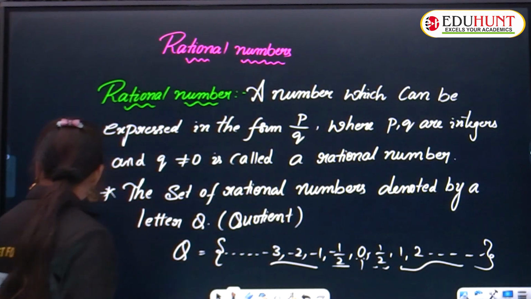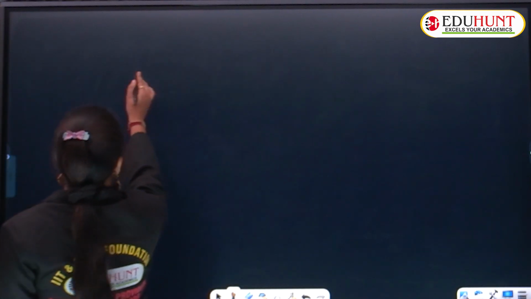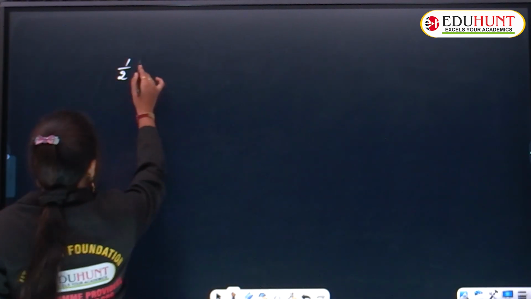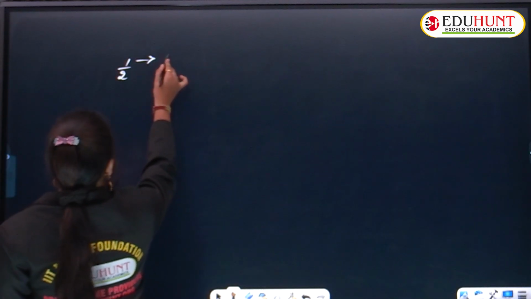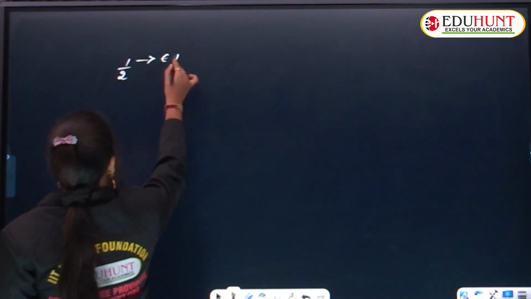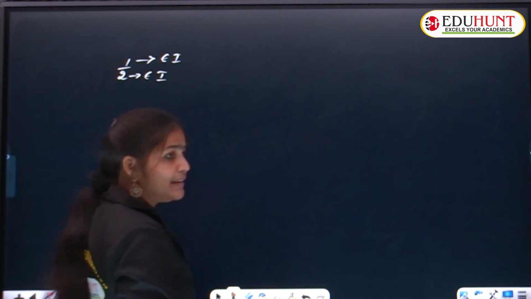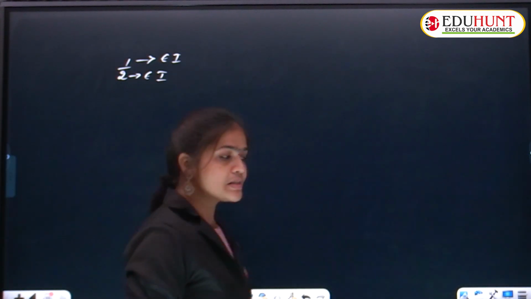Now see here, children. For example, the rational number is 1 by 2. Here 1 is an integer and 2 is also an integer. Now why is the denominator not equal to 0?